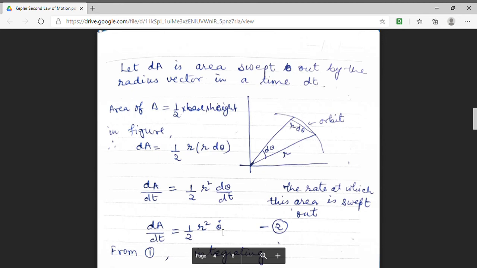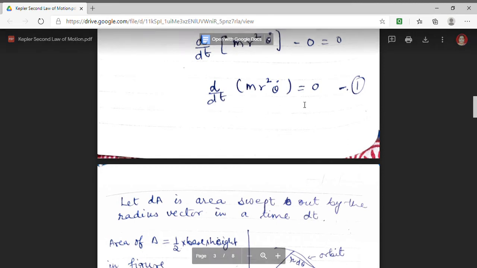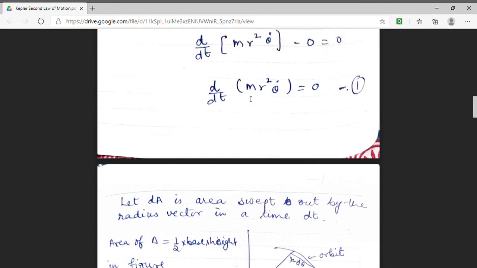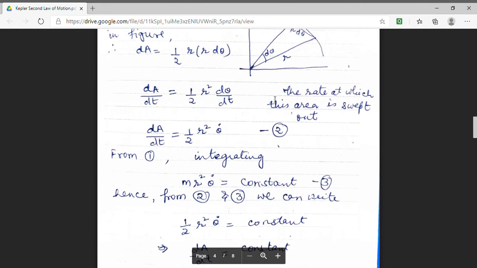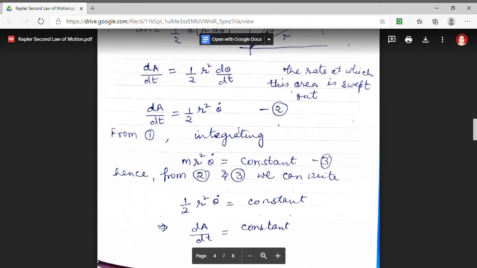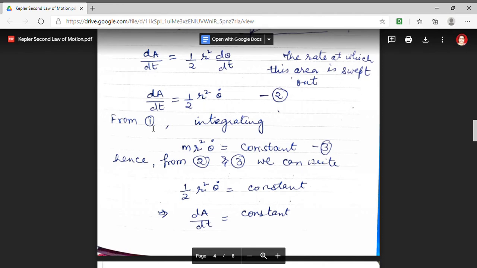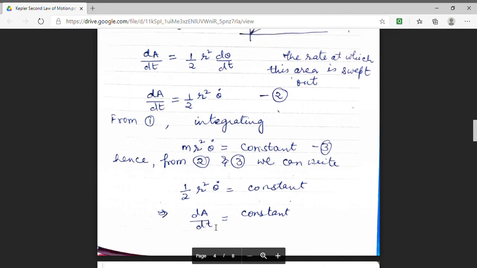Here we have obtained that d by dt of m r square theta dot equals 0. Since mass is constant, on integrating it we have r square theta dot equal to constant, or half r square theta dot is constant. So from these two expressions, half r square theta dot, which is constant, equals dA by dt, that means dA by dt equals constant.